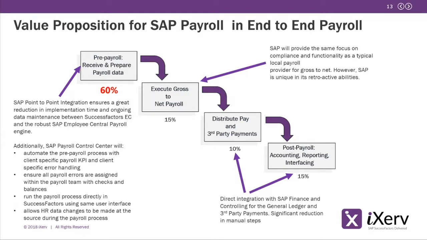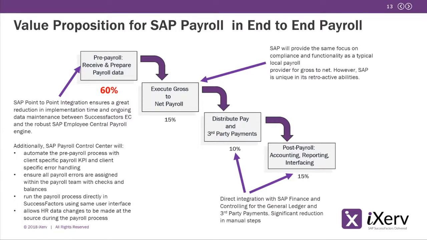The other piece is the payroll process can be run directly in SuccessFactors rather than having to go between SuccessFactors and then go to on-premise SAP and see the gray screens. I can run the transaction graphically through SuccessFactors, and it looks and feels the same. And the last thing that I really like, and that's also a great help from point-to-point in essence, is you can make the data changes that you need for payroll directly on the HR side.